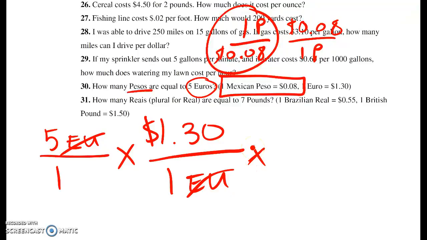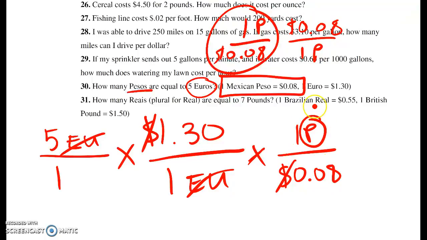That puts 1 peso on top in the numerator and $0.08 in the denominator. Now that I have dollars in the numerator and the denominator, I can cancel those out. The only units I'm left with now are pesos, and that's what I want my answer to be in.